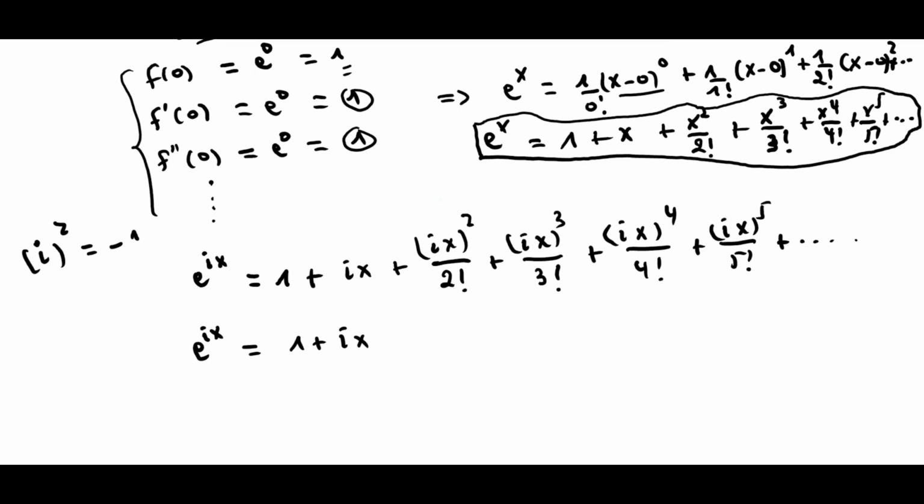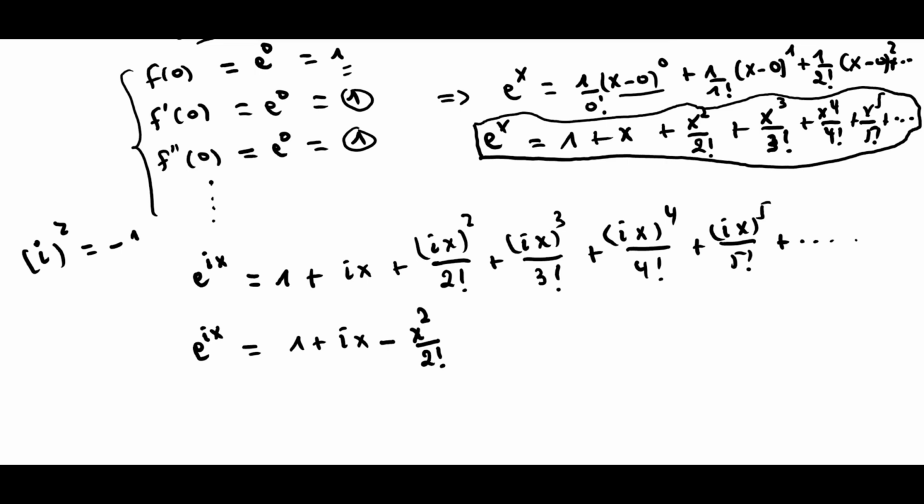So we will get minus x squared over 2 factorial. And in this term here, we have i power 3 times x power 3. And i power 3 is like i squared times i, and i squared is equal to minus 1. So we will have minus 1 times i, minus i times x power 3.